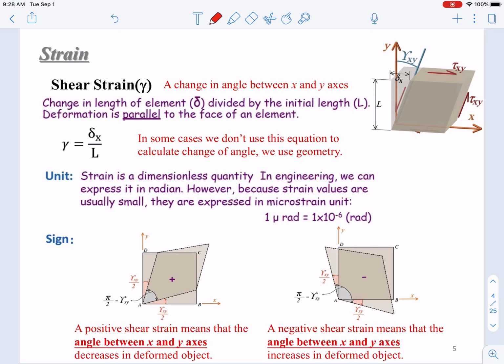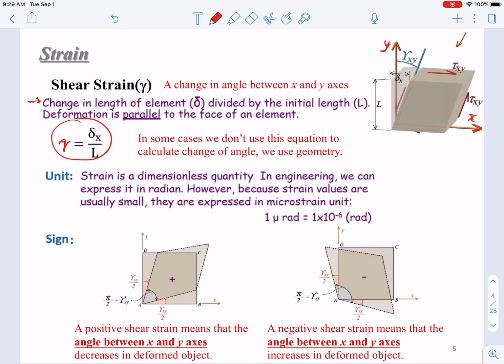So according to this definition, if we say it's a change in length of element divided by initial length, we can use such an equation, and we use gamma to denote the angle of shear strain. It equals delta x over L. If you look at this figure here, we have the original x here and original y here.